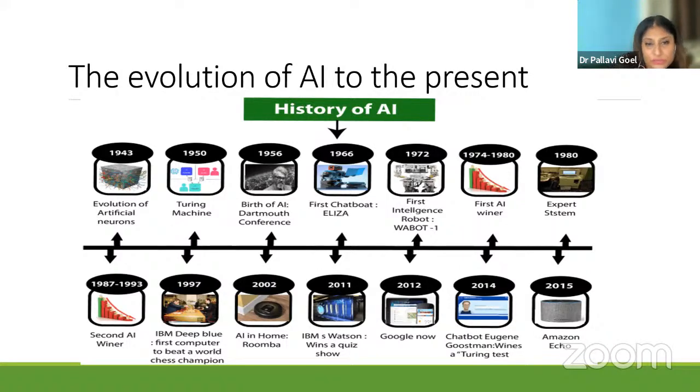Artificial neurons became active in 1943, in 1950 the Turing machine was launched, 1956 the birth of AI at the Dartmouth conference, 1966 the first chatbot was released, 1972 the first intelligent robot, 74 to 80 the first AI winter, 1980 expert systems were launched, 1987 to 93 the second AI winter, 1997 IBM Deep Blue, the first computer to beat a world chess champion, 2002 AI in the home with Roomba, 2011 IBM Watson wins a quiz show, 2012 Google Now, 2014 chatbot Eugene Goostman wins the Turing test, because the Turing machine was only launched in 1950. 2015 Amazon Echo. Can you move to the next, please?